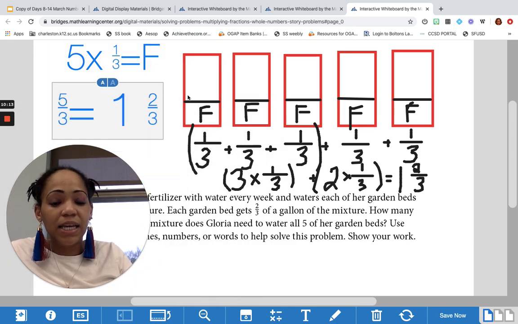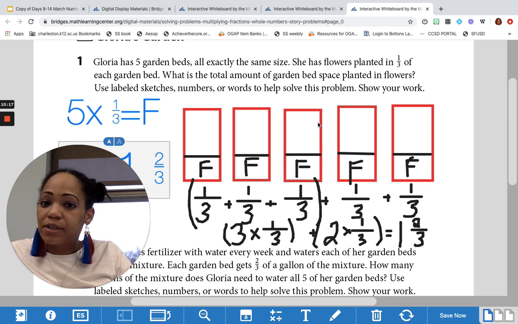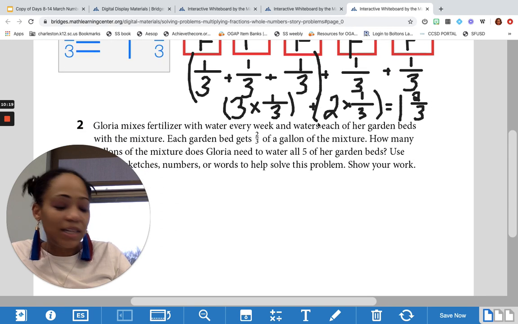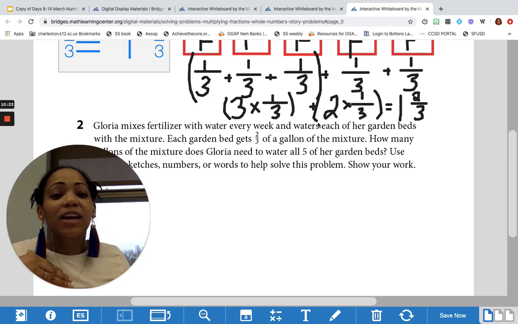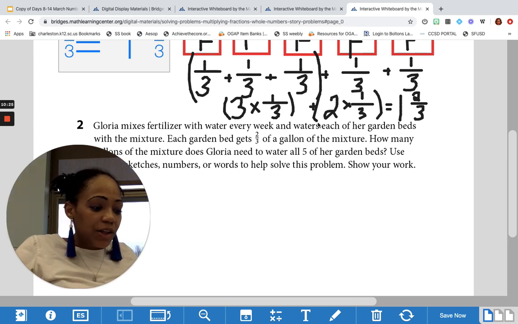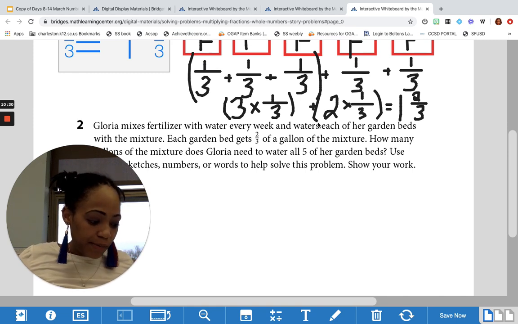So how much space has she taken up for her flowers? Good. 1 2/3 of a garden. So one whole garden, essentially, and then 2/3 of another garden. Let's look at the second problem.